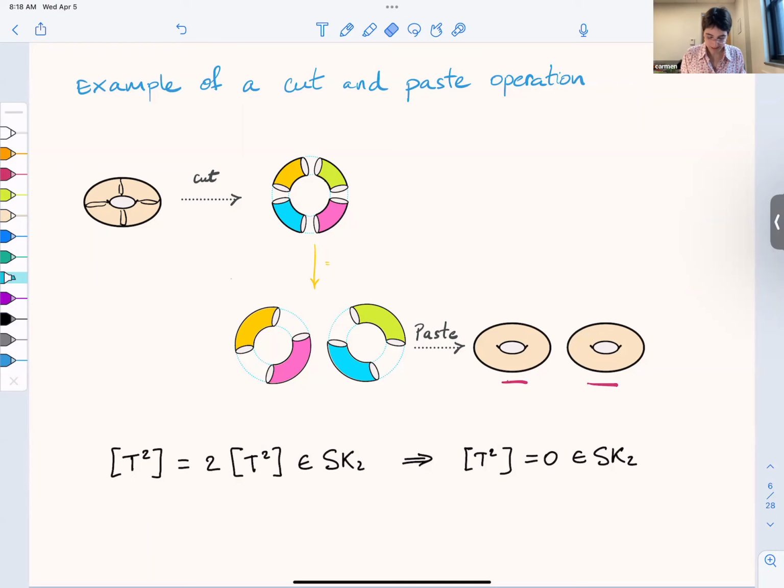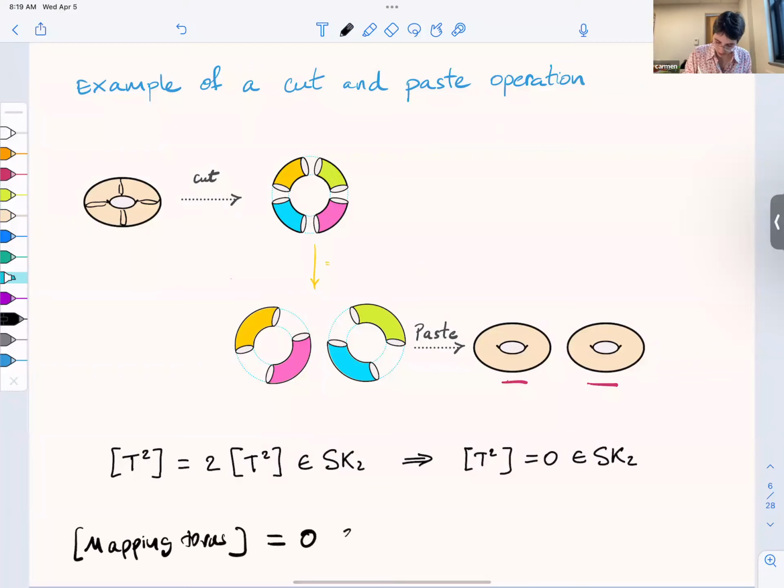And this is just an example. It's indicating dimension 2, but this is actually true for any high dimensional torus, or even for mapping tori. So the class of any mapping torus of any dimension is going to be 0 in whatever dimension you've chosen. And that is an important ingredient in the whole story here of cutting and pasting.